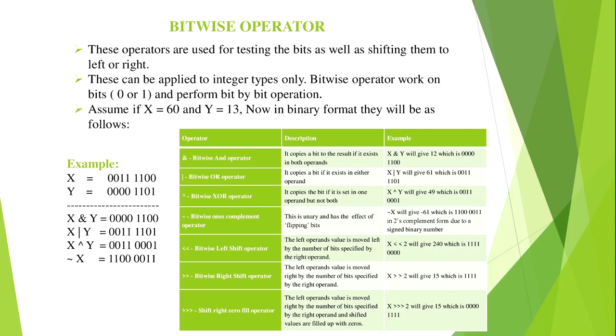And the last operation is the negation, you can say the bitwise NOT operator. The bitwise NOT or negation operator just negates, meaning it just reverses the bits. Negation of x means what?